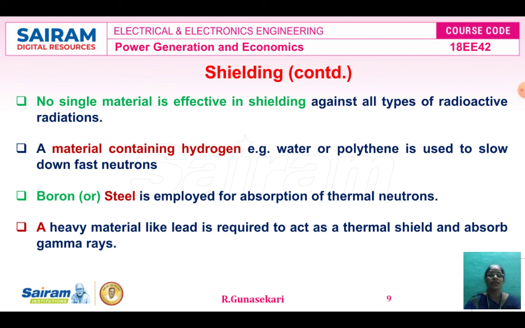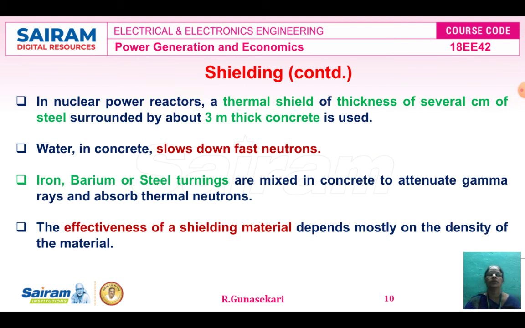A heavy material like lead is required to act as the thermal shield and absorb gamma rays. In nuclear power reactors, the thermal shield is several centimeters of steel surrounded by 3 meters thickness of concrete, which is used as thermal shielding.